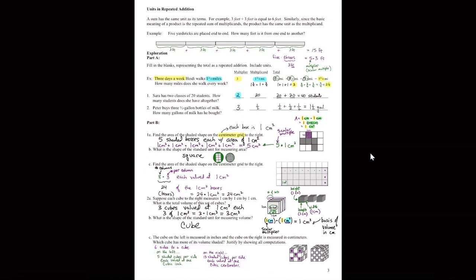So 5 times 1 cubic inch is going to be 5 cubic inches. 13 times 1 cubic centimeter is going to be 13 cubic centimeters.